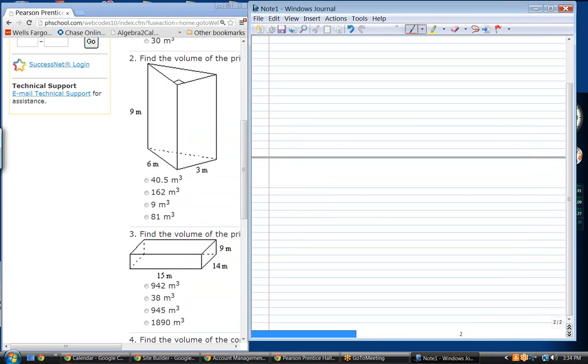Okay, so our triangle, what are the dimensions on this triangle? 3 and then 6. Okay, so what's the area of that triangle?